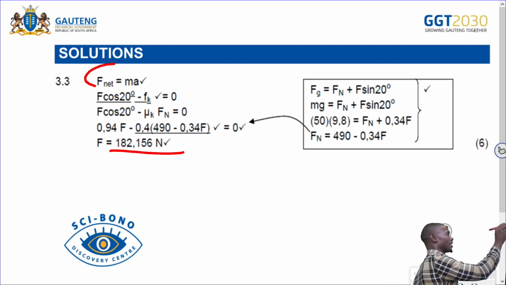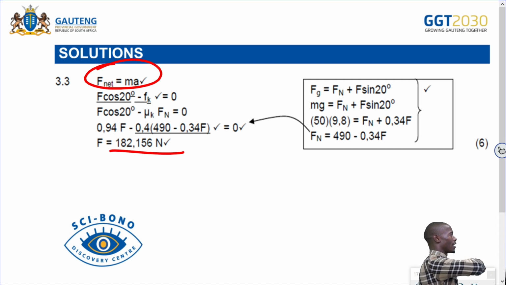You can see they did the same thing here. They started with F net equals ma. Your a, remember, is 0. That is why on this side we're having 0 there. The forces that we are dealing with here are the horizontal forces, where it's your F cos 20 degrees, which is your Fx.